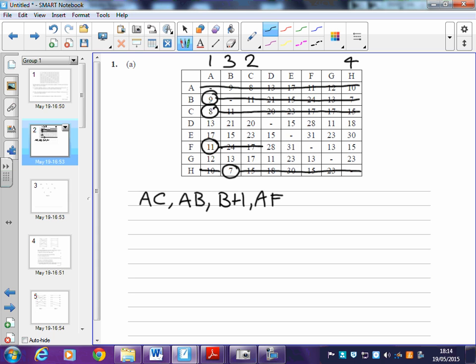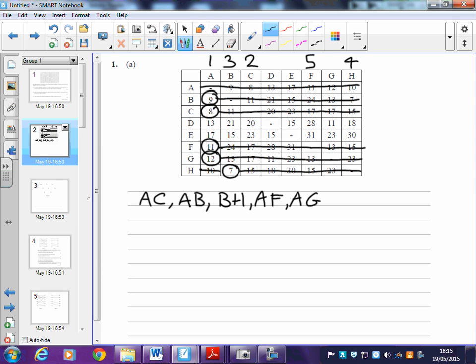So I then delete, label F with a number 5, and look for the smallest number in any of the labelled columns. The smallest number I've now got is that number 12, in AG, so 12 AG.